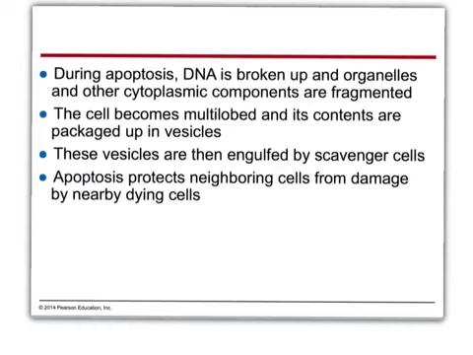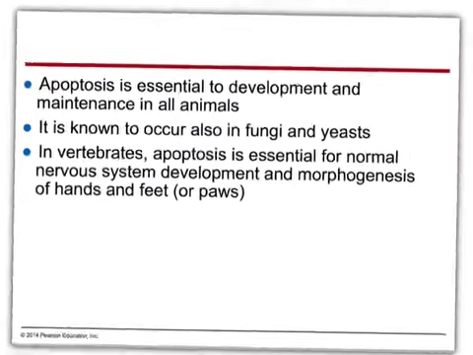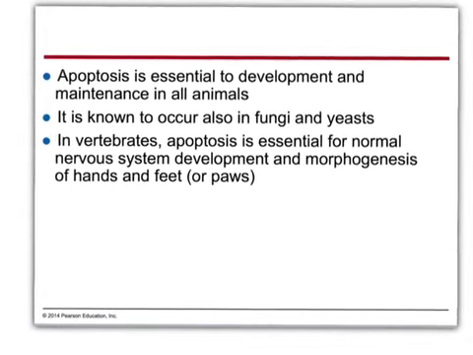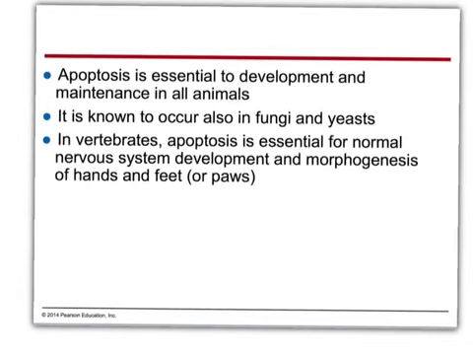And this happens in cancer cells, etc. But it is essential for development and maintenance in all animals, in all multicellular organisms. Known to be functional in fungi and in yeasts. But in vertebrates, what is it important for?